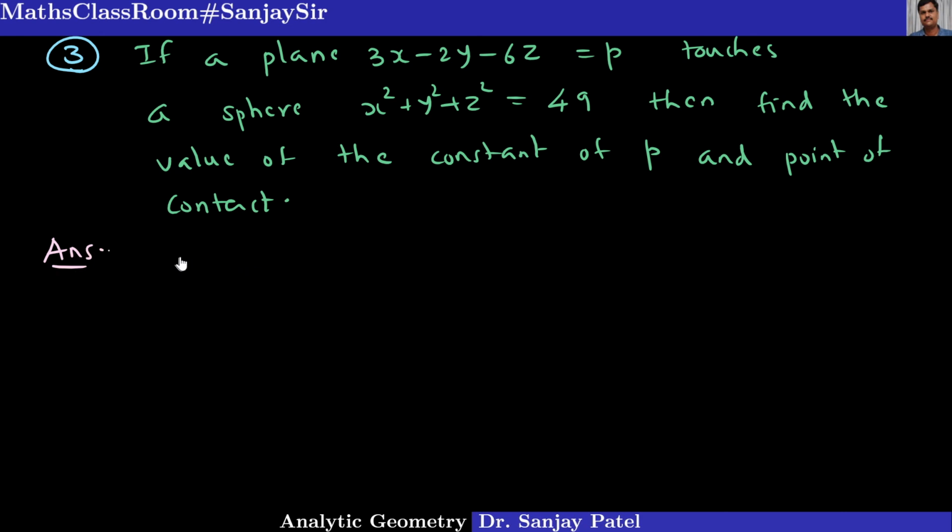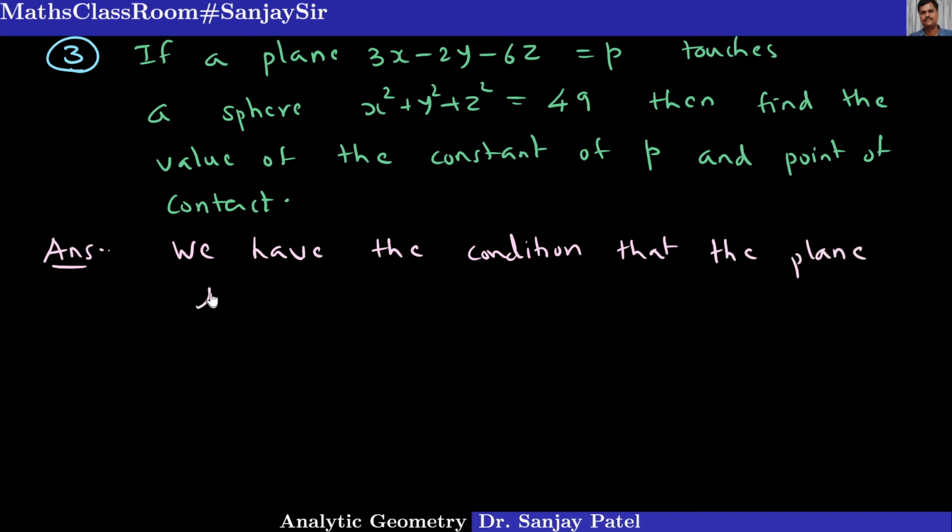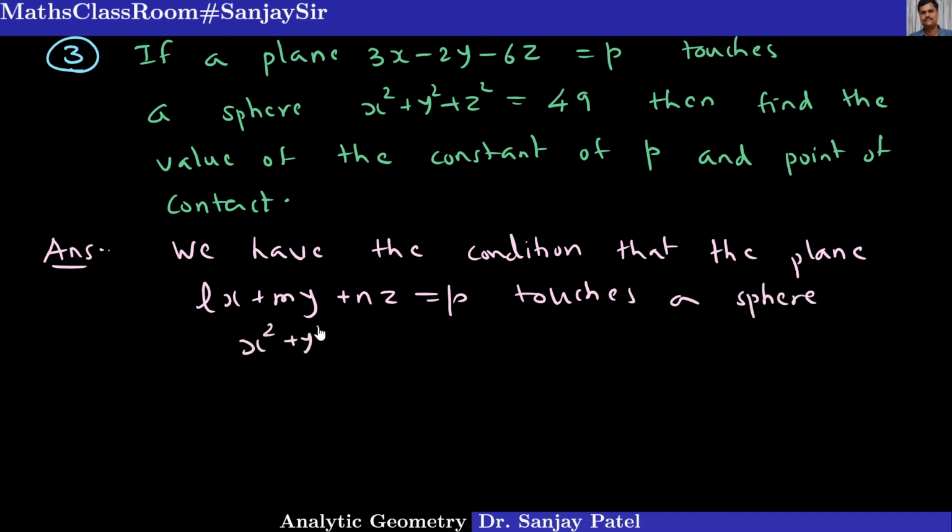We know the condition that the plane Lx plus My plus Nz is equal to p touches a sphere x square plus y square plus z square is equal to a square is (L square plus M square plus N square) into a square is equal to p square.